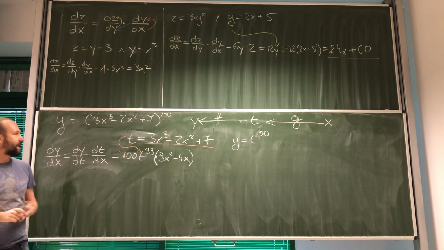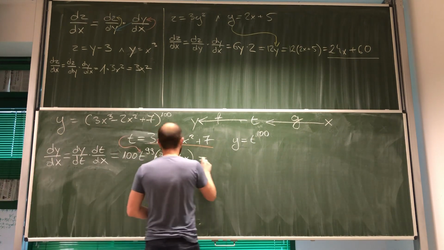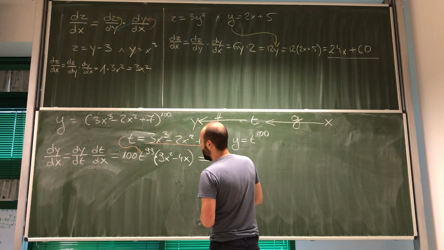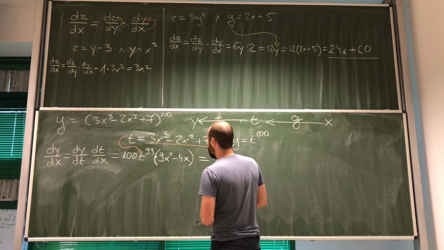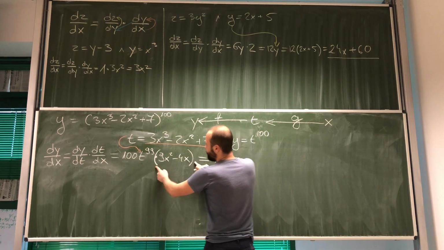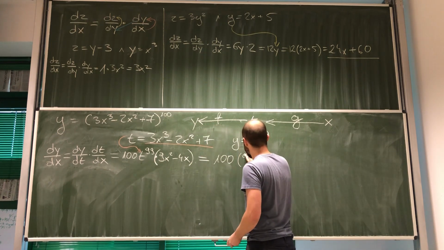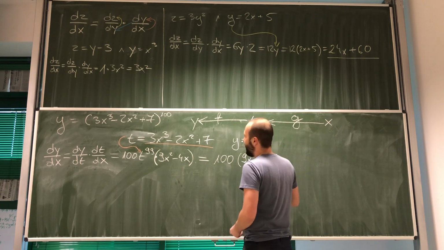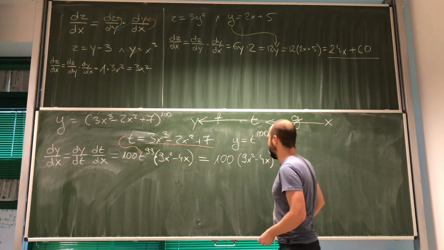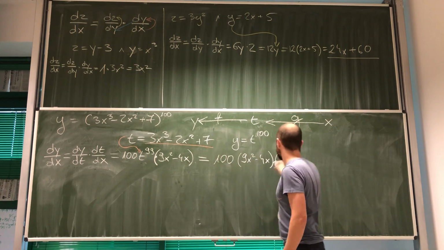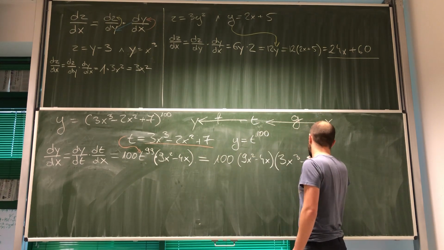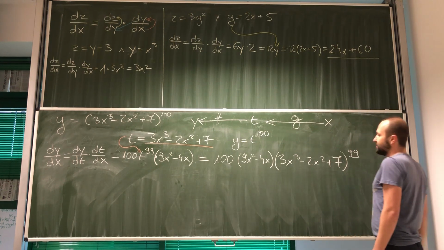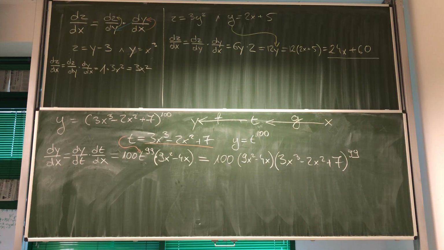So now I just need to substitute back for t, and I'm getting that this is 100 times, let me just put this first, so times 9x squared minus 4x, and instead of t to the power of 99, I'm putting this, so 3x to the power of 3 minus 2x squared plus 7, to the power of 99.